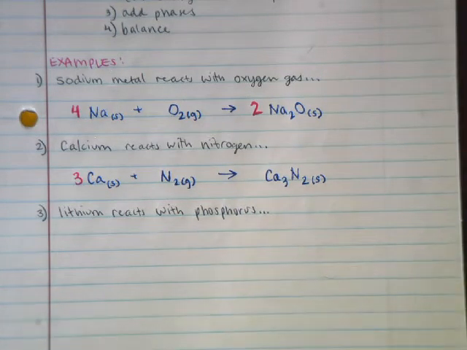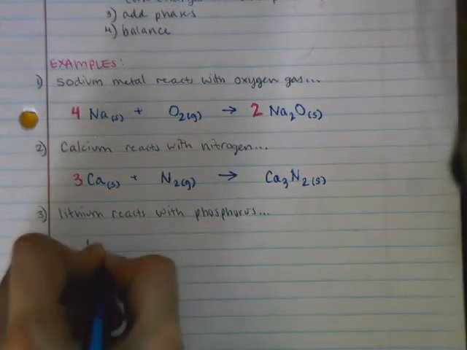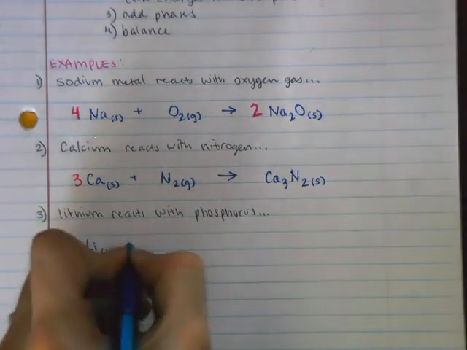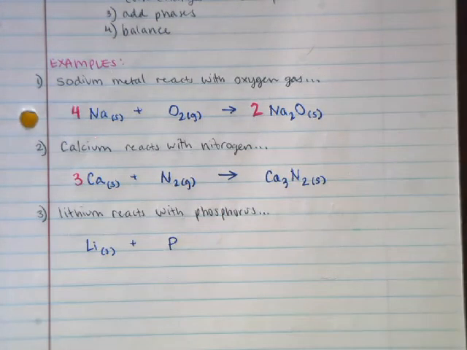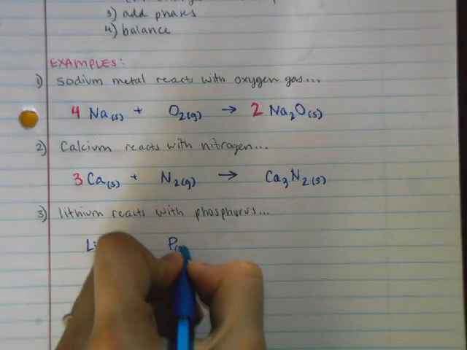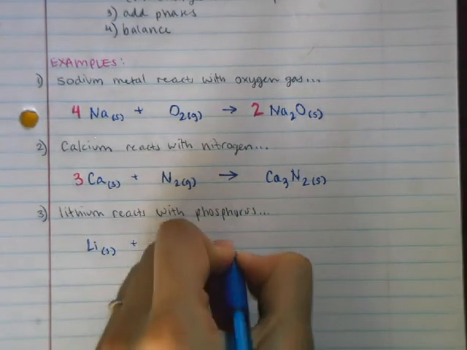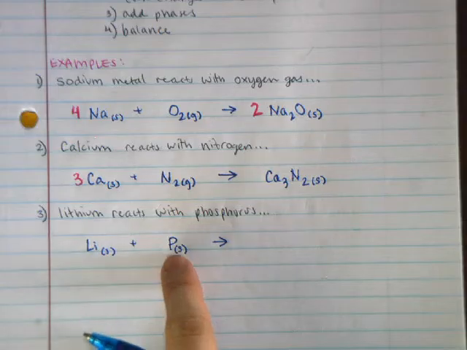Finally, overkill if anything, lithium. Again, another metal. It's solid. Reacts with phosphorus. This is a nonmetal, but it is not diatomic, so I'm going to check the periodic table, and it is a solid at room temperature. This is another 3 minus ion when it gains its electrons.